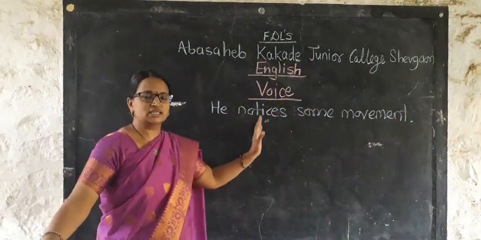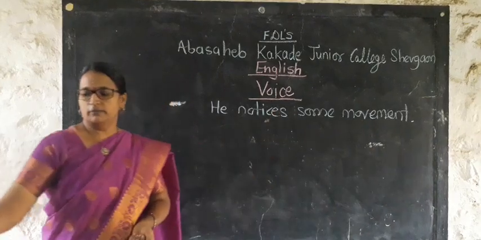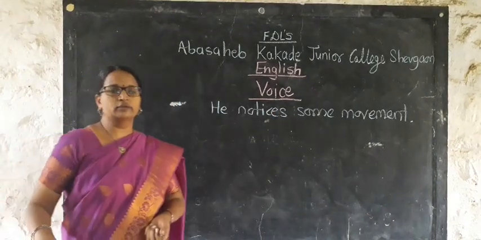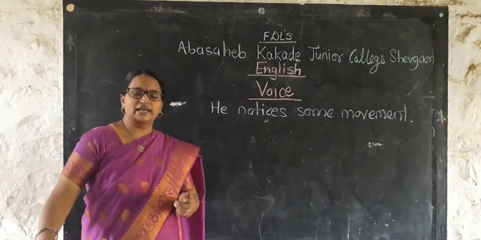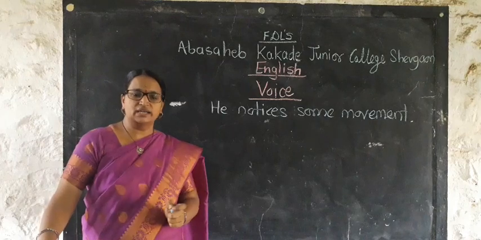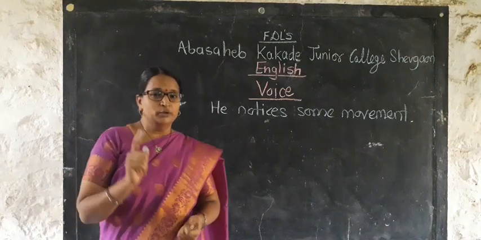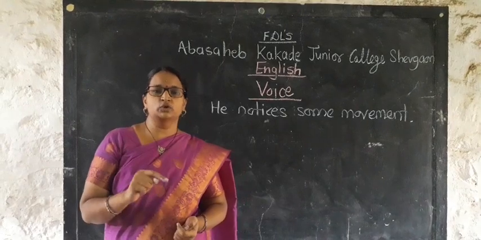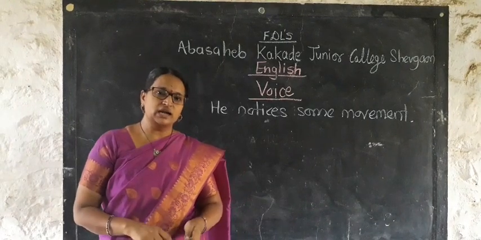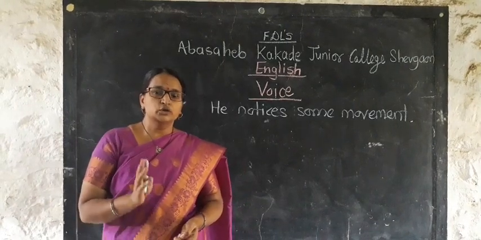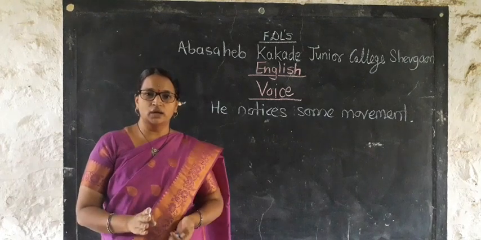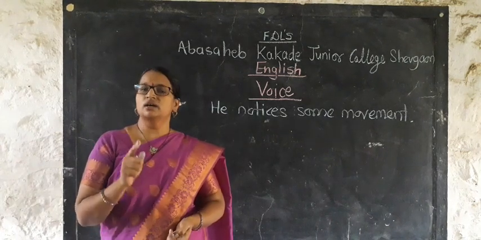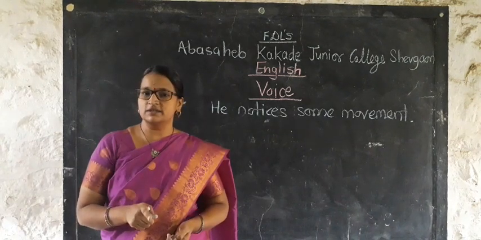He notices some movement. Now we will find the tense of this particular sentence. Remember, before turning active into passive or vice versa, it is very important that you must be able to identify the tense.